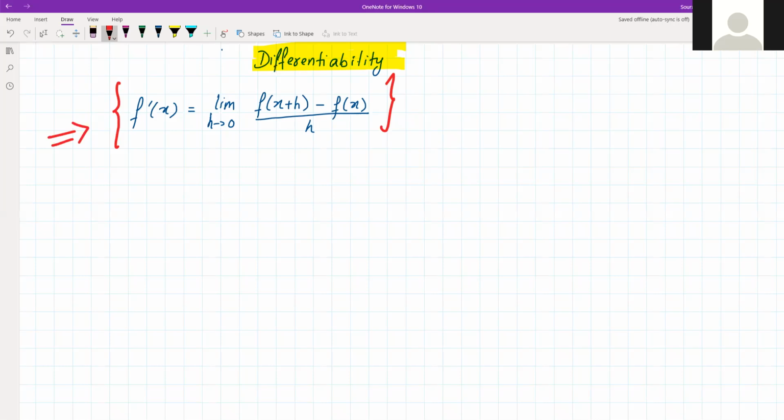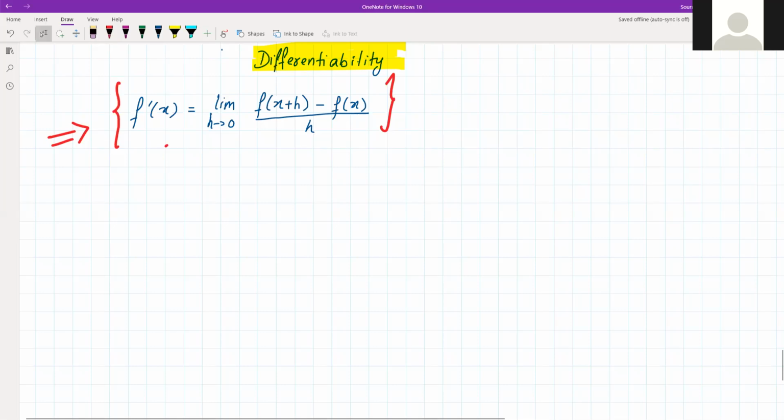And if there is a point where this particular limit does not exist, then we say that at that particular point the function is not differentiable, or that is the point of non-differentiability of the function, right? So this is the main formula which we have to understand. This is the basic of differentiability.